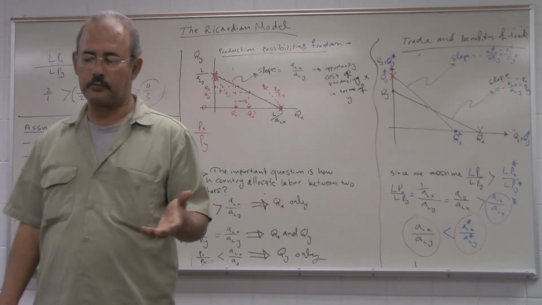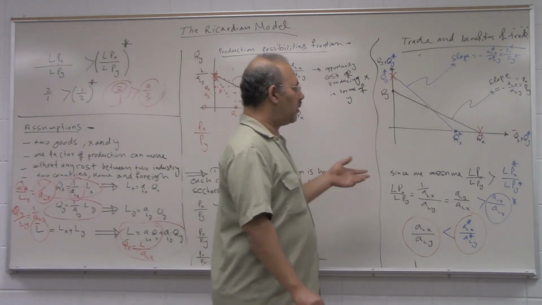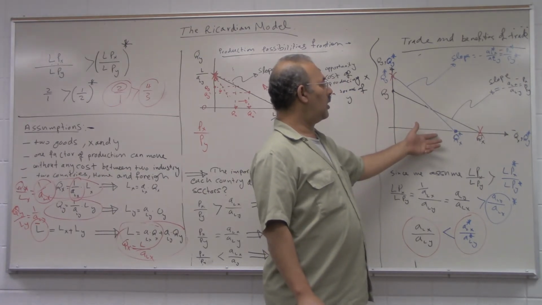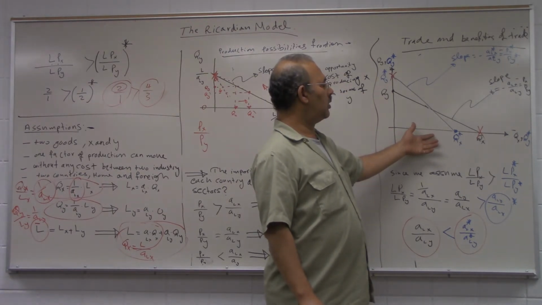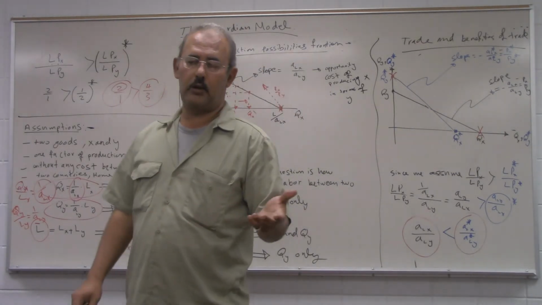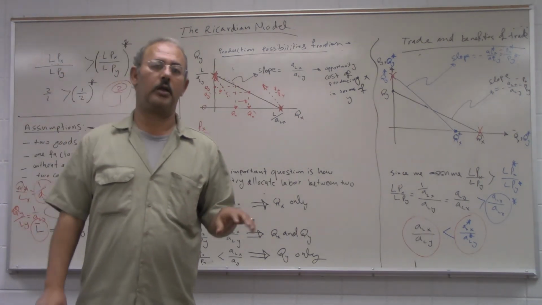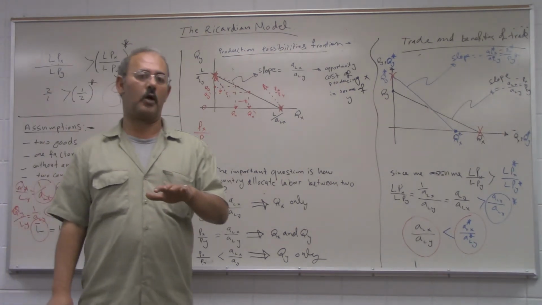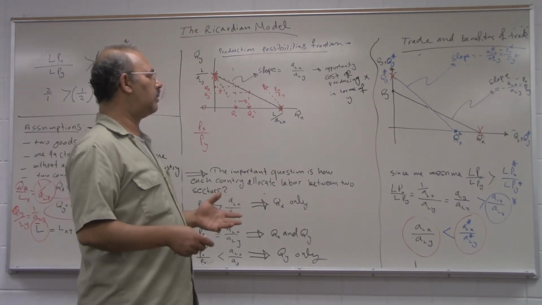Why? Because, like for the home country, it finds that it is cheaper to import good Y from the foreign country, and the foreign country finds it is cheaper to import good X from the home country, and this allows trade to happen between countries.